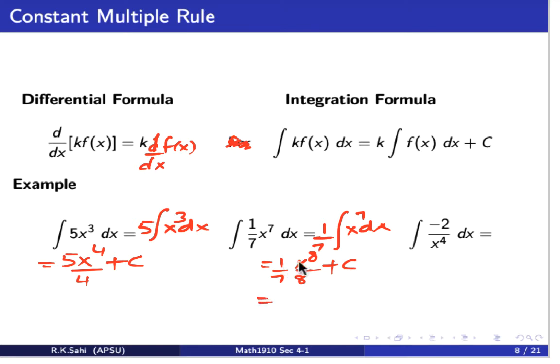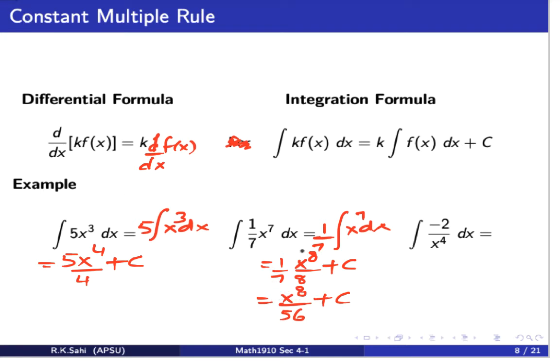Much nicer, we can say x to the power 8 over 7 times 8, guys, 56 plus c.